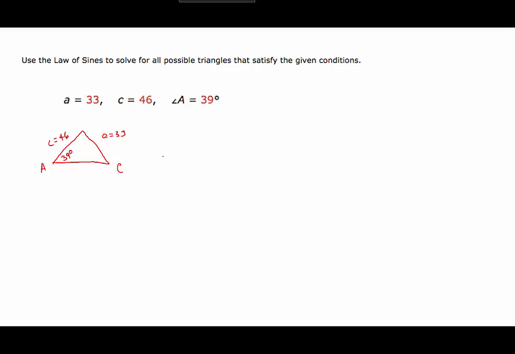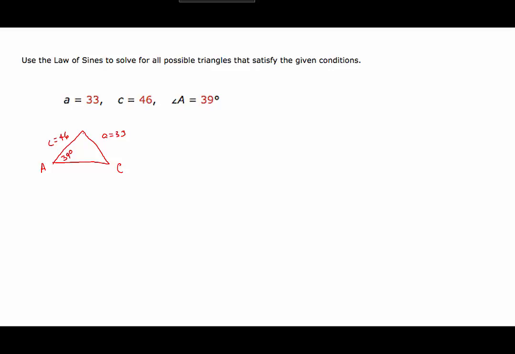Now, sometimes it's possible for us to have two triangles that would satisfy the conditions. And that would happen if we could maintain these three components of the triangle and still draw another triangle.